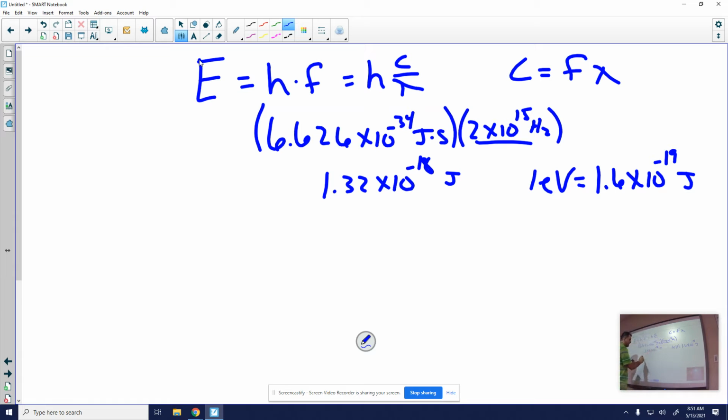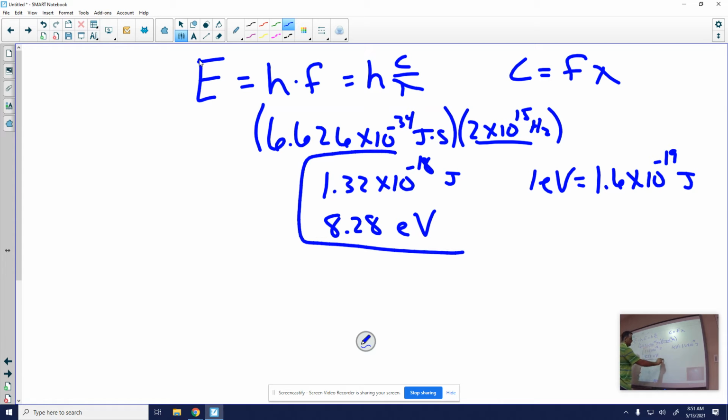So if I just divide this by 1.6 times 10 to the negative 19, I get 8.28 electron volts of energy. So these are both energy units talking about the same thing, how much energy this photon has. One of them is in electron volts, the other is in joules.